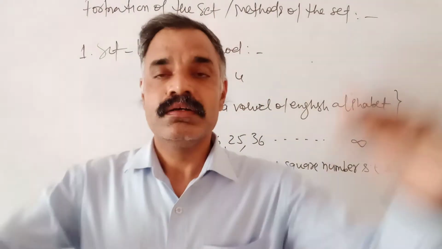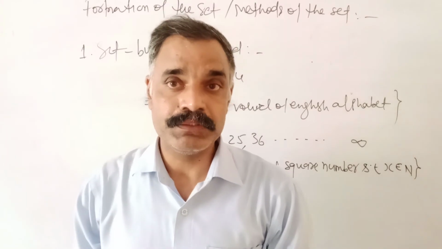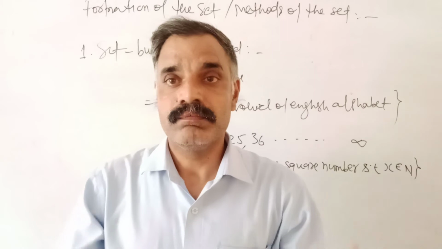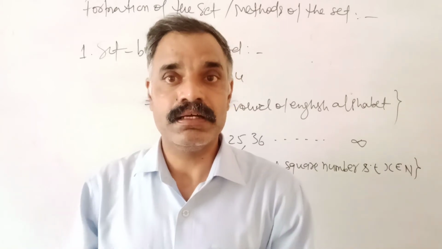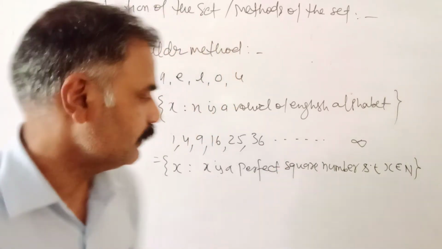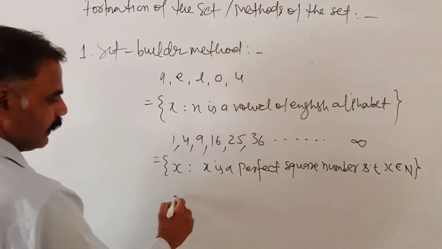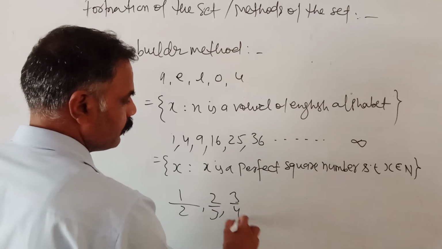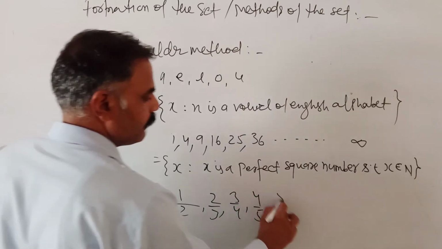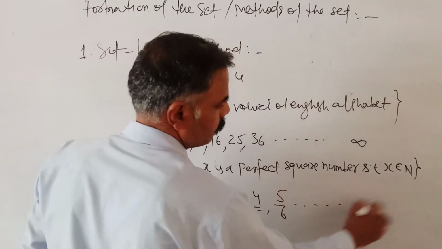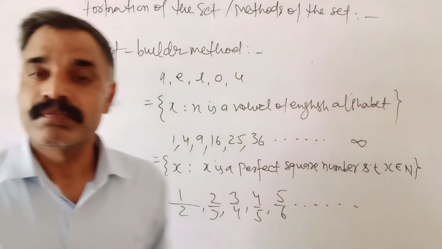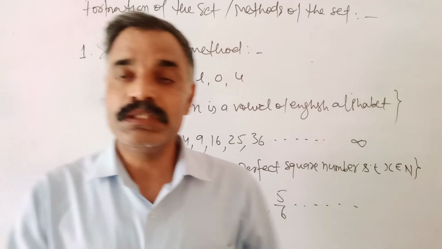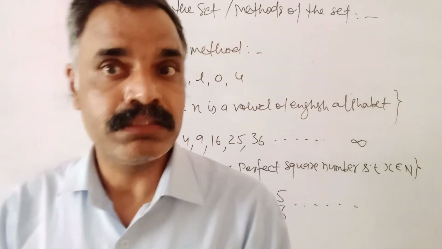We will have a lot of examples by which we can know the set builder method. One more example: suppose we have a collection 1 upon 2, 2 upon 3, 3 upon 4, 4 upon 5, 5 upon 6 and so on. Now we want to represent this collection using the set builder method.